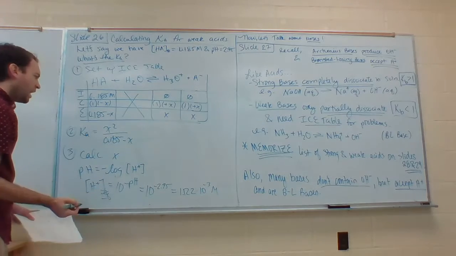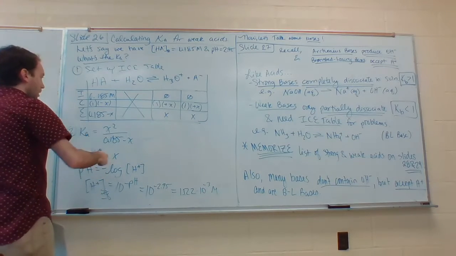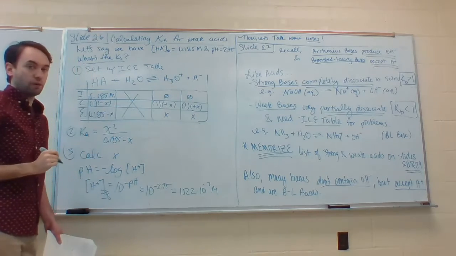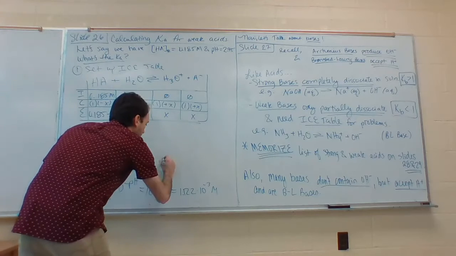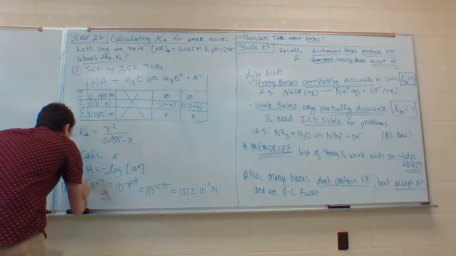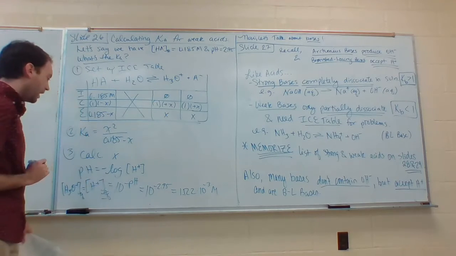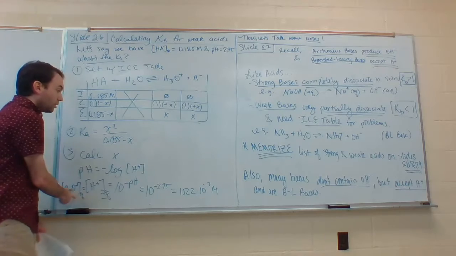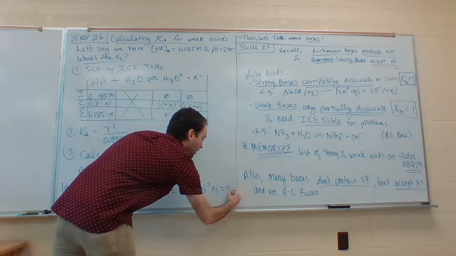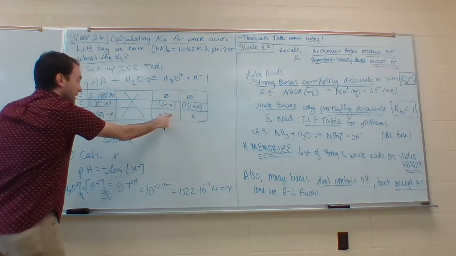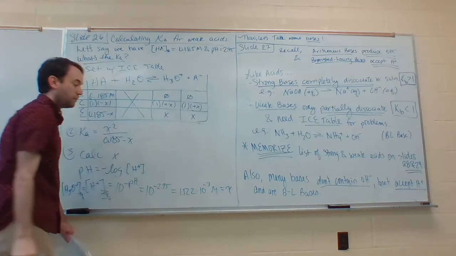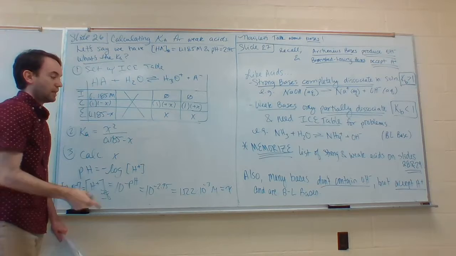Okay, now at this point, I know my concentration of H plus is the same as my concentration of hydronium ion. So my H plus is equal to my concentration of hydronium, H3O plus at equilibrium. So now I know that in my table, my H3O plus at equilibrium, that was X, is also equal to 1.122 times 10 to the negative third.